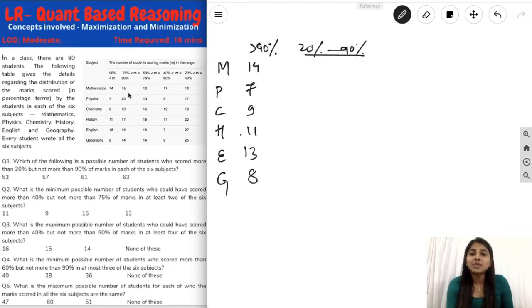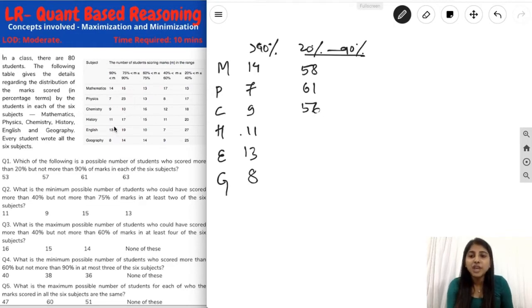For mathematics, it is 13, 13, 26 plus 15 is 41, 48, 58. So 58 for mathematics. For physics, it is 23 and 13, that is 36, plus 25, it is 61. For chemistry, 18 plus 12 is 30, 40, 50, 56.